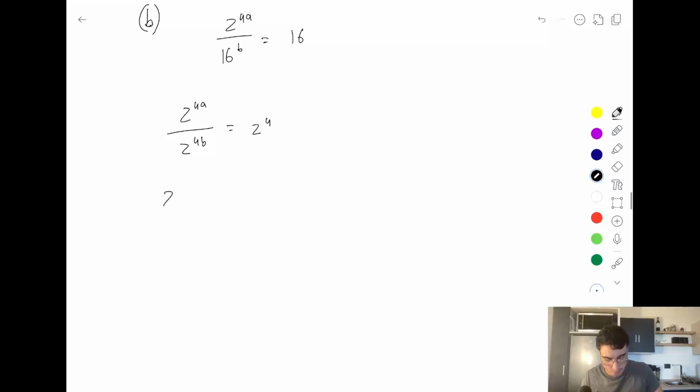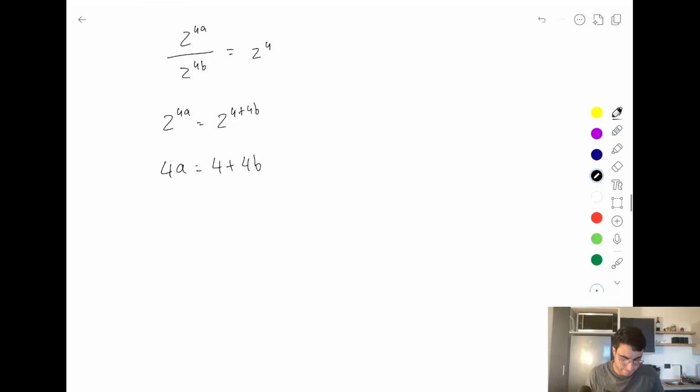So what does that tell us? Well, 2 to the 4a is equal to 2 to the 4 plus 4b. Brilliant, easy. We can drop the bases. So 4a is equal to 4 plus 4b, okay? Which means that 4a is equal to 4 plus 4b, so we can actually divide by 4 here.